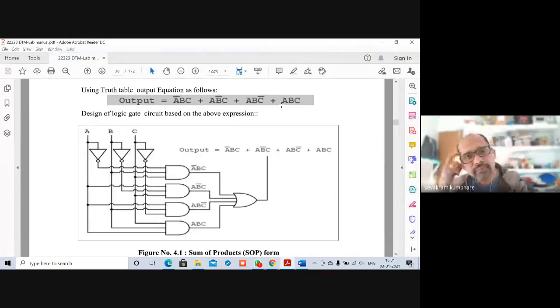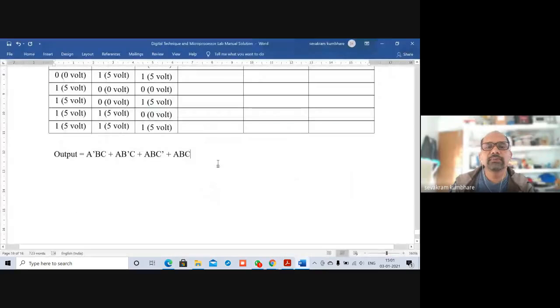Yes, sir. Now if you want to implement this expression, you need 3 input AND gates. How many? 1 2 3 4. 4 three-input AND gates you need, and 1 four-input OR gate you need. So this circuit becomes complex. Now how to simplify this? By simplifying the expression we can do that.